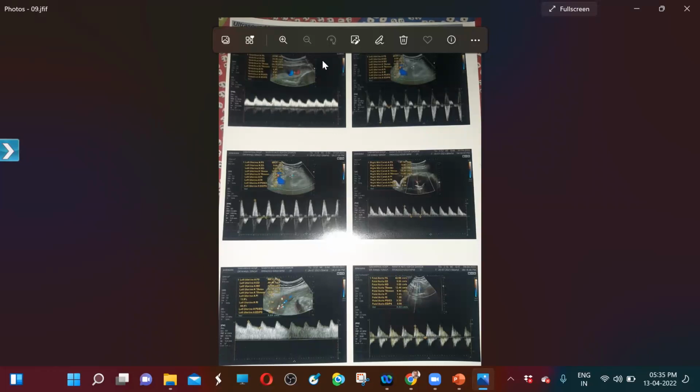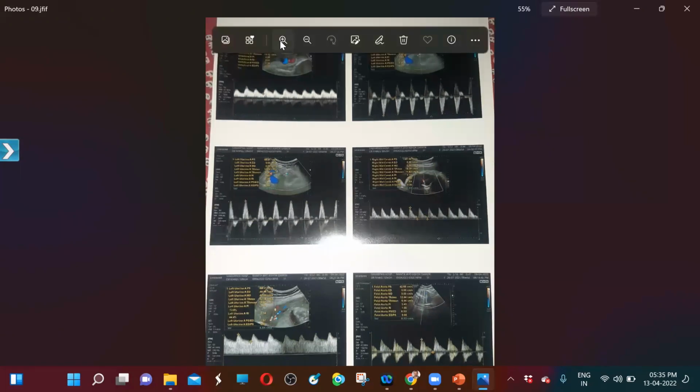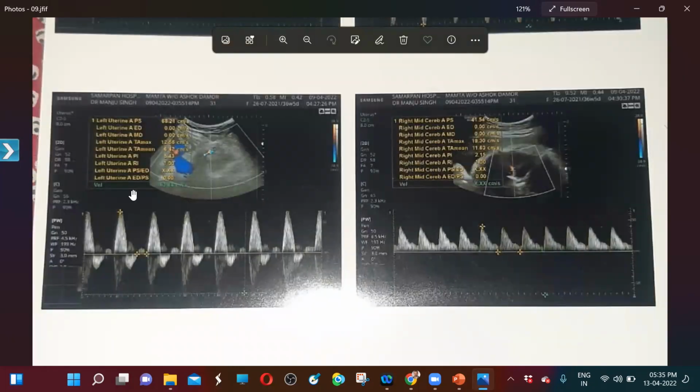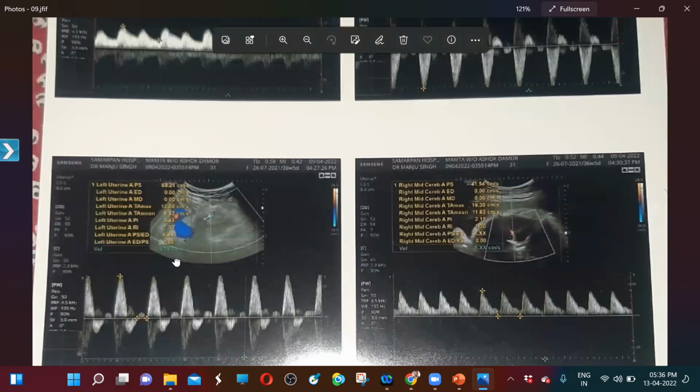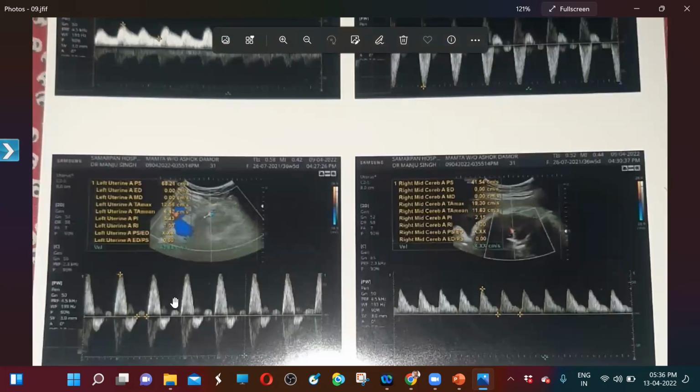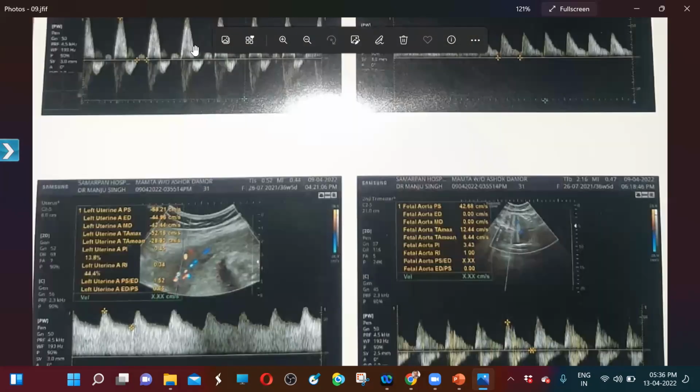Shreya, please zoom on this. Yeah, zooming. Now see, the doctor is putting, oh my God, what I'm seeing, left uterine artery over here. The left uterine artery is completely abnormal. And again, now the left uterine artery is this.